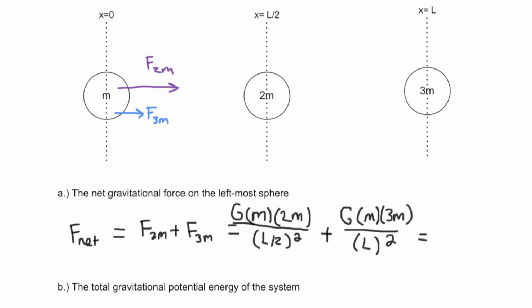So we're going to get GM squared over L squared as our unit. But for the first term, we see that we have a 2 on top, but then dividing by the 2 squared on bottom gets us an 8 for the number in front, and then we get a 3, so this simplifies to 11 GM squared over L squared. And that's our answer for the first part.